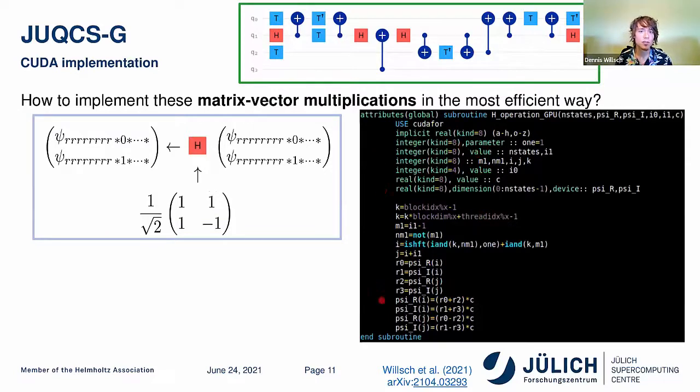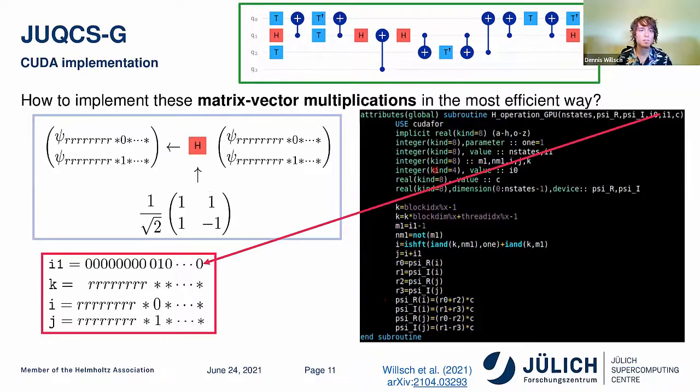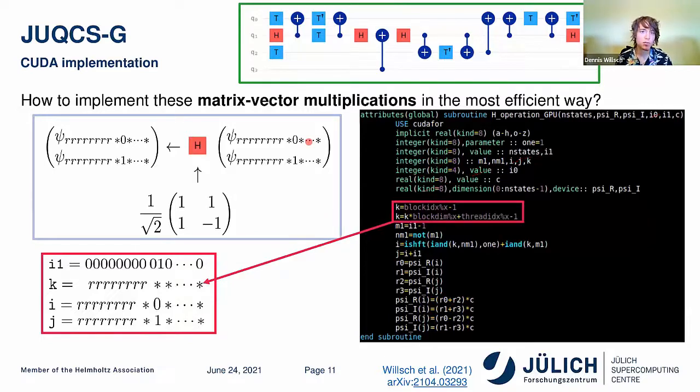Here we have a kernel that runs on a GPU, and let's look at how the GPU now does this. This function gets as an input a mask, an identifier of what kind of pairs of complex numbers it needs to combine. And then it computes in a standard CUDA way the iteration index.